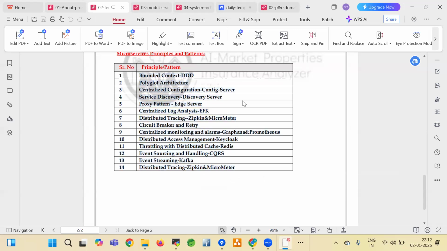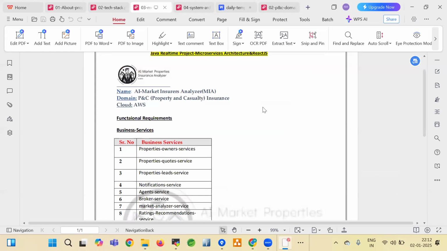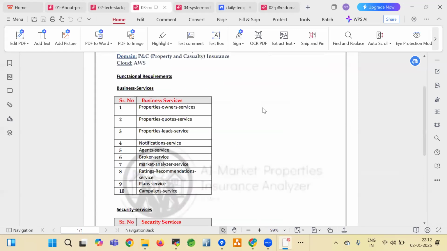These are all the patterns we're going to implement in our day-to-day project. Okay, hope you got it. You got the project concept. Now you got the tech stack that we are using. And now let's go and discuss the services, the business services that we're going to build.